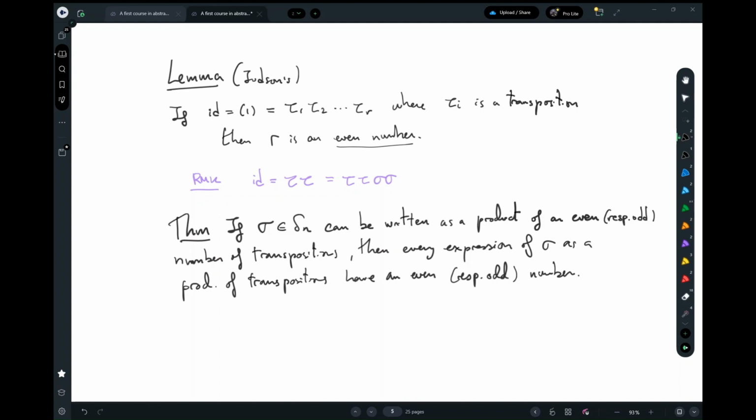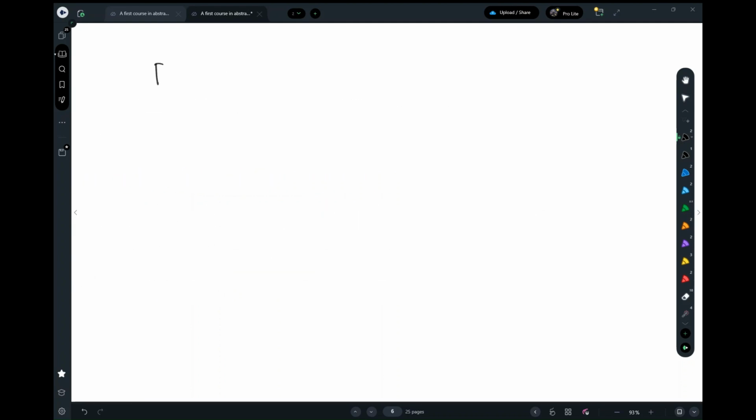Remember that we have this lemma that the identity can only be done with an even number of transpositions. So let's prove this. Here's the proof. Suppose that we have sigma, and I'm going to write it as sigma 1 through sigma m, with m even, and each one of those sigma i's a transposition.